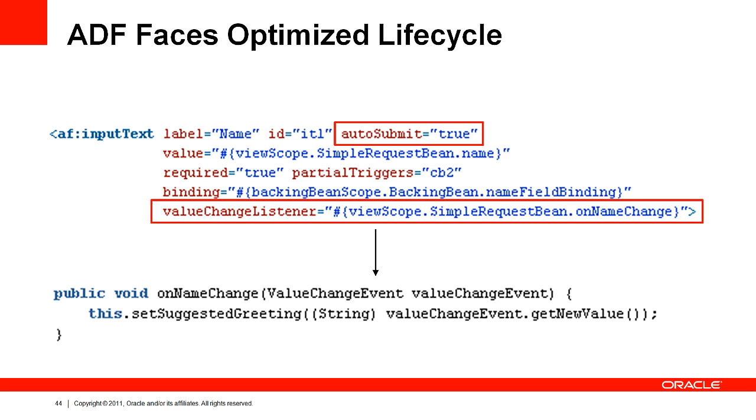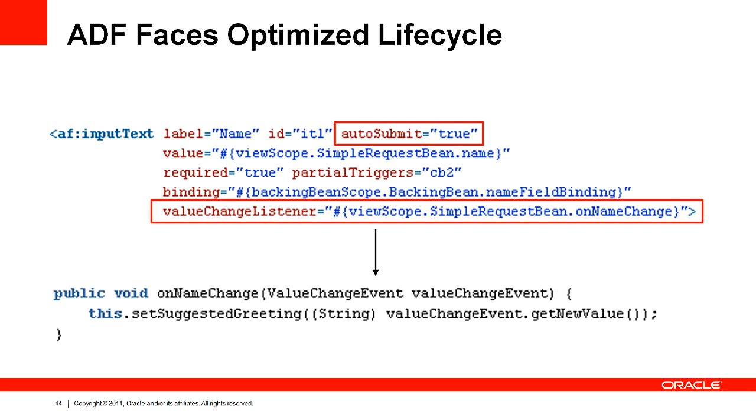And the code for that is what you see at the bottom of this slide. So whenever the value change event fires, we access the suggest greeting value and update it with the new value that comes from the value change event.